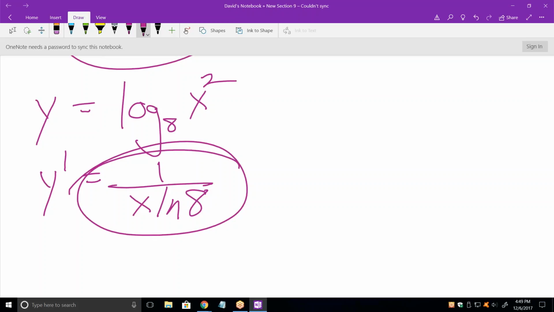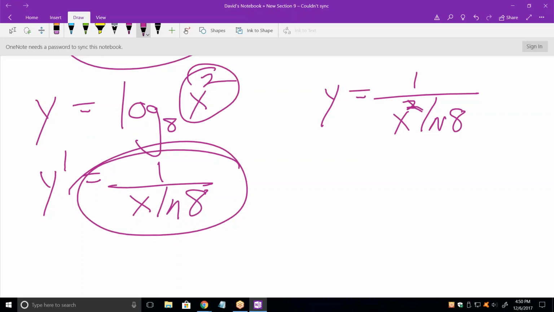Well, start with the derivative of the outside. That's what we just did, right? That's the derivative of the outside. What we did before was 1 over x. This is 1 over x squared because the argument is x squared.